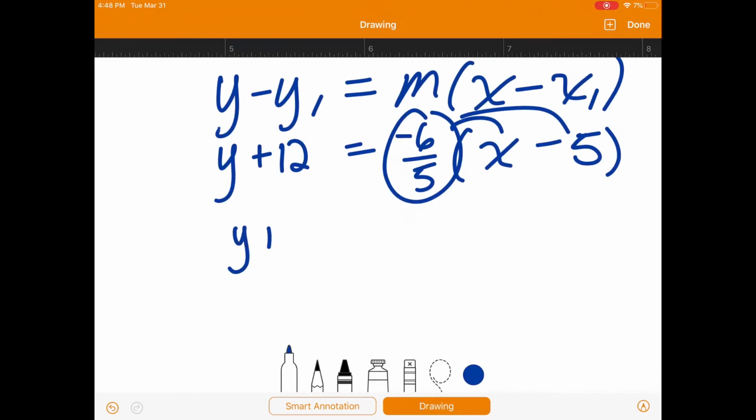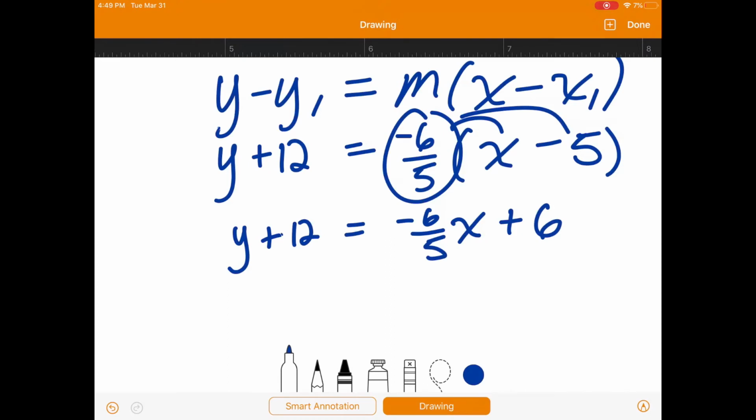So this stays the same, and then negative 6 over 5 times x, and then it's going to be negative 6 over 5 times negative 5. So the negatives are going to cancel out and make it positive. And the 5s are actually going to cancel out too and just make it 6.